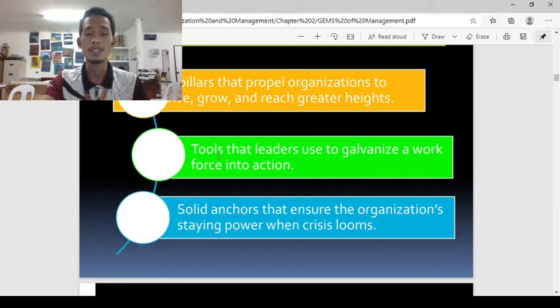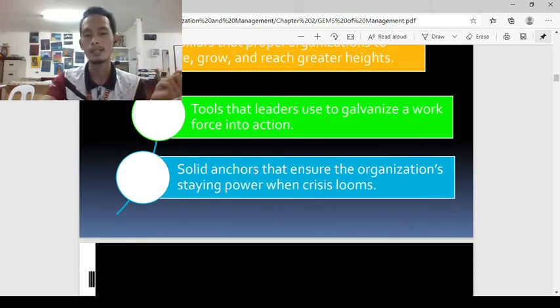The gems serve as tools that leaders use to galvanize a workforce into action, because the gems talk about the management practice itself, the management process. It is a solid anchor that ensures the organization's staying power when crisis looms.